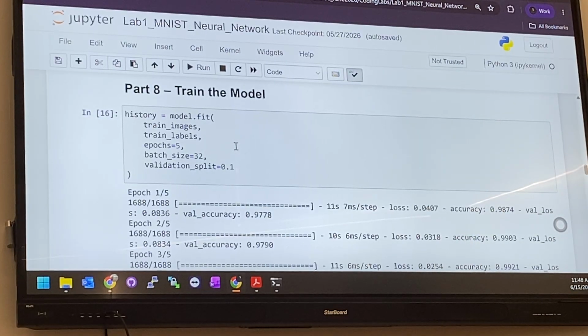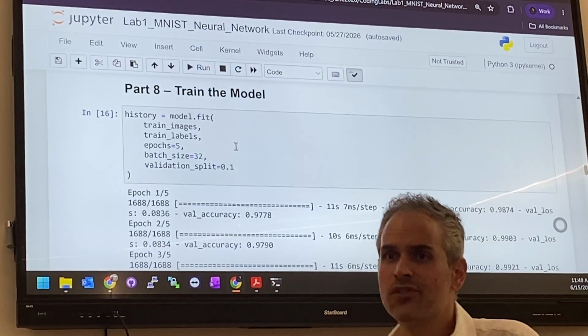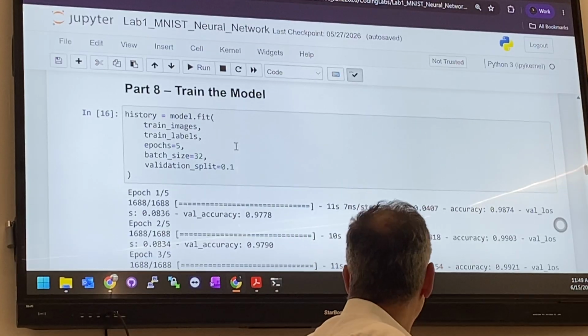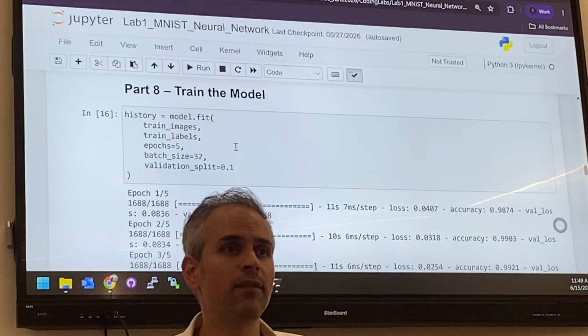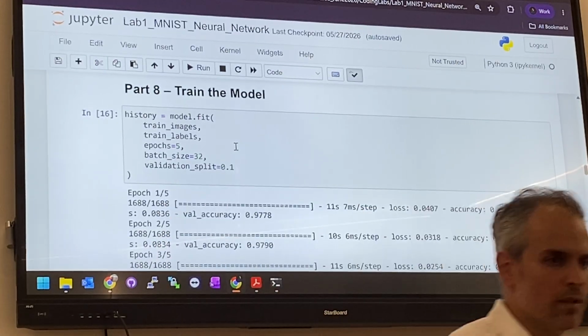Why do we do that? To plot the learning curves and see whether or not I have an overfitting issue. Now, the rest is fine. Batch 32, you can do 64. I would say 32 is fine here. The number of epochs equal 5, don't make it more than this. Just keep it simple.